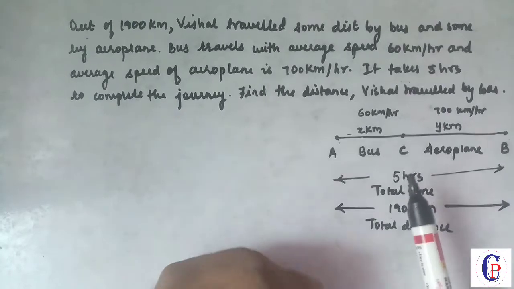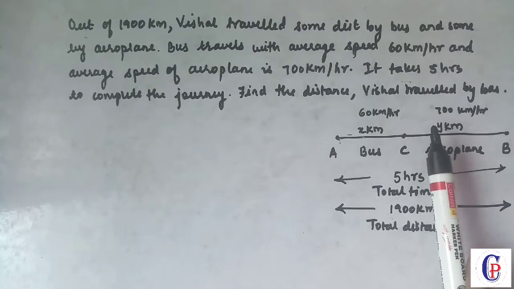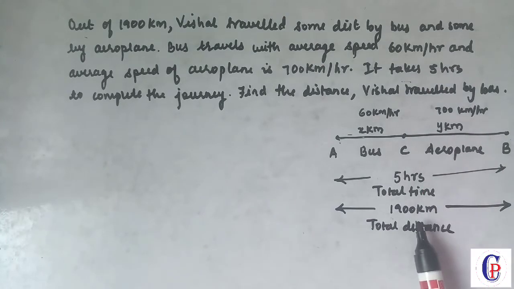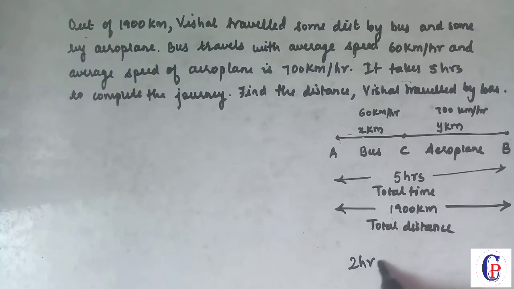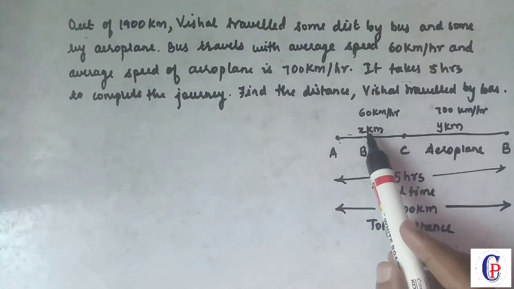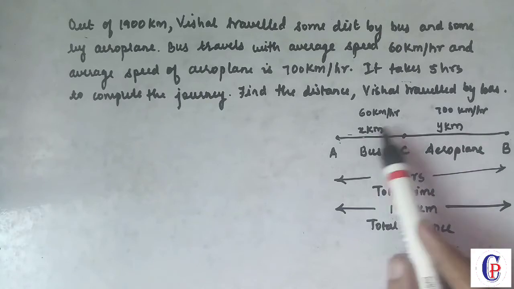Of course that is not logical, because when you add two distances you will always get the answer in distance. Like 2 hours plus 3 hours will give you 5 hours, not 5 kilometers. Similarly, X kilometers plus Y kilometers will give you 1900.